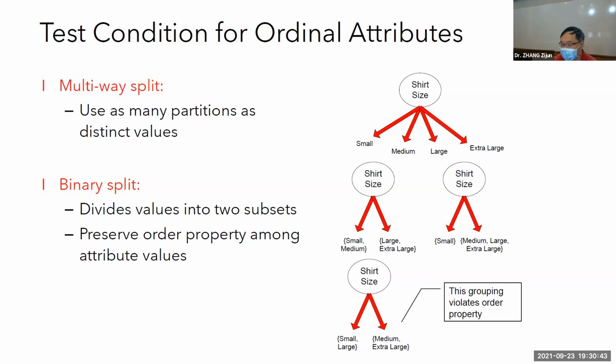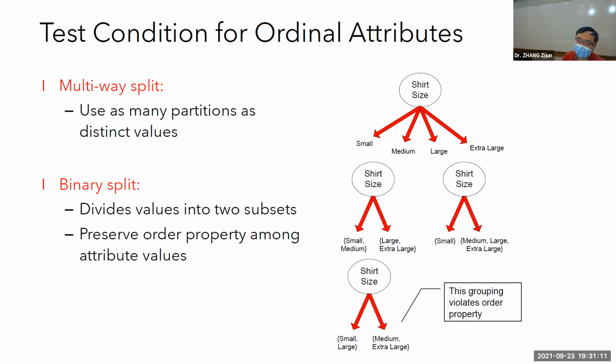But we cannot do such a 2x2 separation, that means small stays with large, medium stays with extra large, because such a separation violates the order property. We want to describe the scale in order, so we cannot mix up the values in terms of the order.